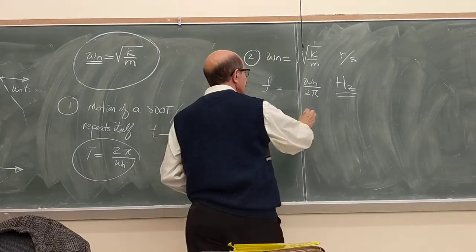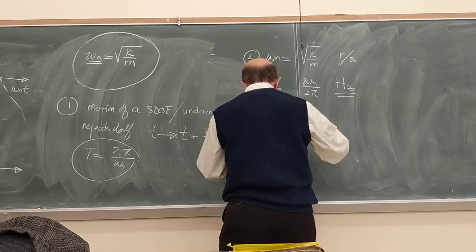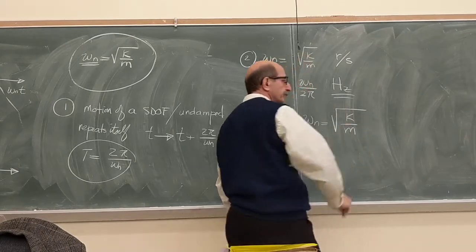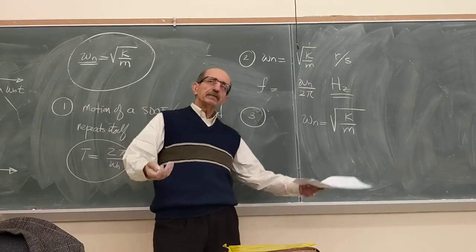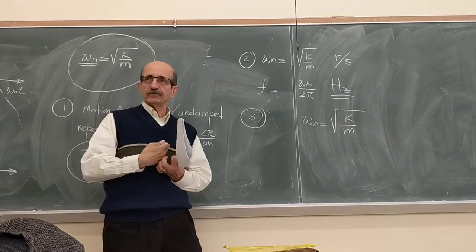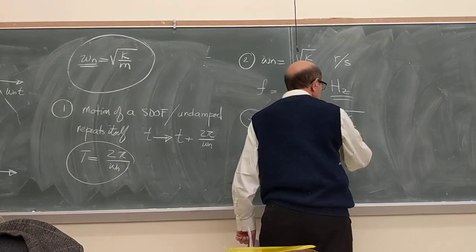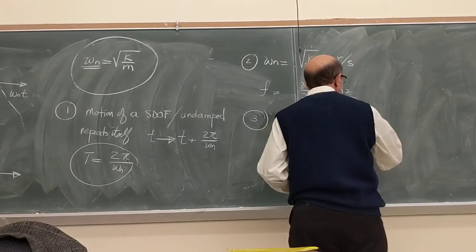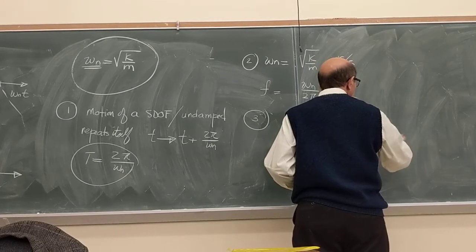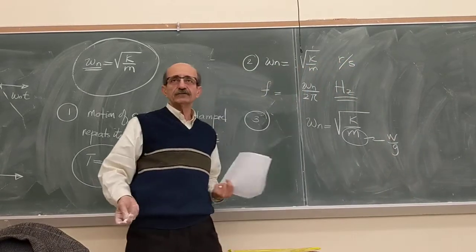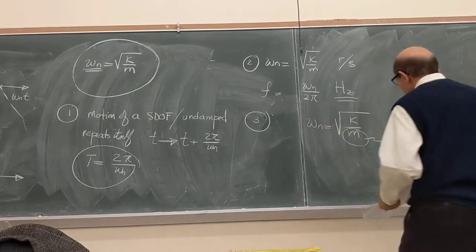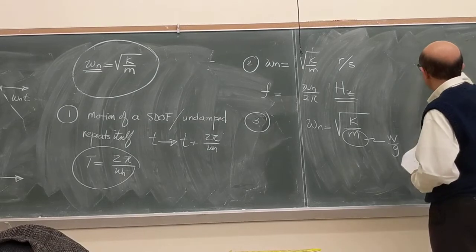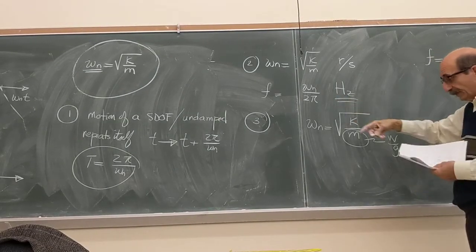So I'm going to write this natural frequency as the square root of K over M. But what is M? Normally you have the weight of the system, right? So let's write this in terms of the weight instead of mass. What is mass? Mass is weight over the gravitational acceleration, right? So I can write this that way, and I will write that in terms of hertz that way.